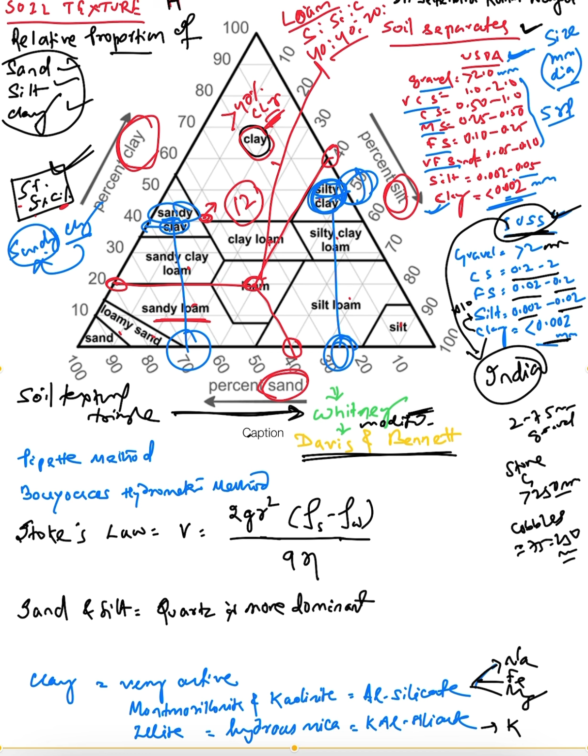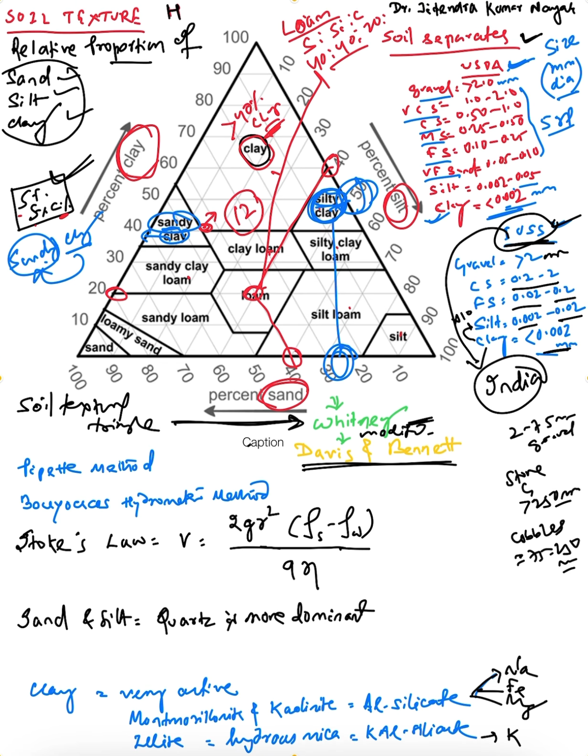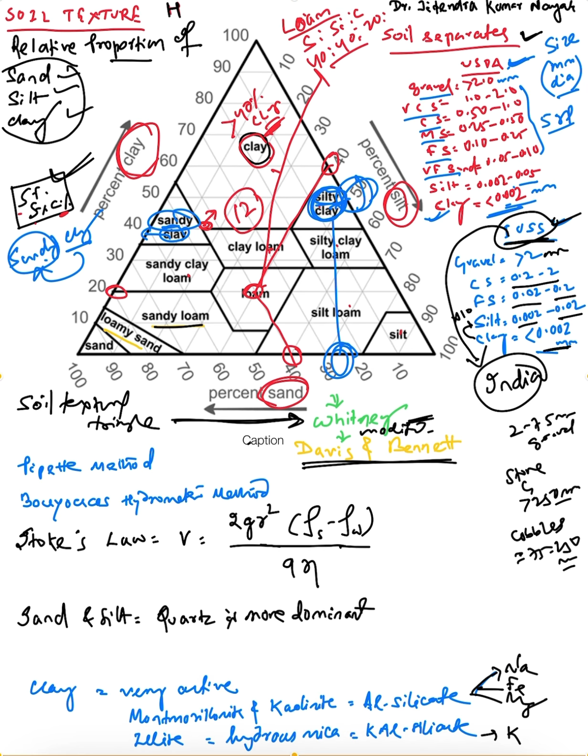Okay, again there is another concept. Here you can see sandy loam, and another is loamy sand. In case of sandy loam, the sand is about 70% at the highest, but loamy sand means the sand may go up to 85%.